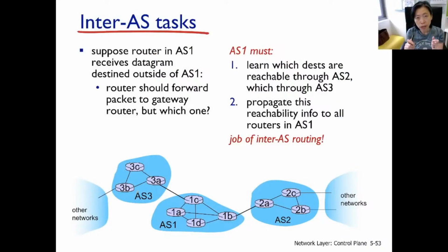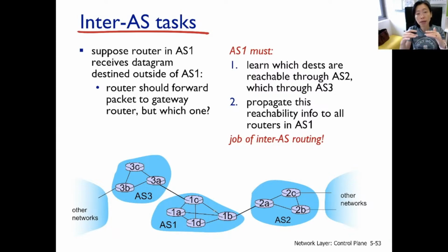To make sure the interplay of the intra-AS and inter-AS routing is more clear, okay, let's take a step back. Okay. Look at AS1 here, 1A, 1B, 1C, and 1D. Okay, so these routers within AS would run the intra-AS routing. Therefore, they would know the shortest path going to each other. No problem.